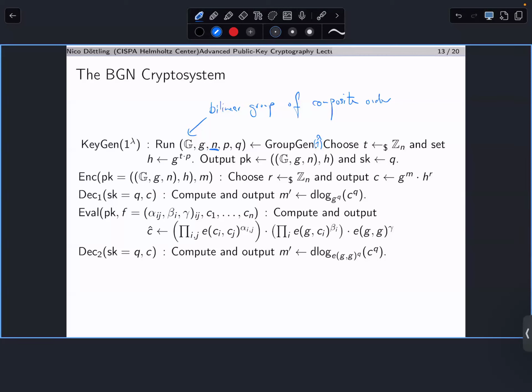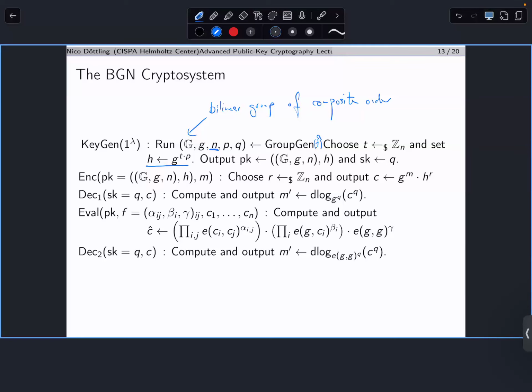So we choose a T from Zn uniformly at random and set H, which will be our public key, so to speak, as G to the T times P. Here, as we said earlier, when we raise something to the P, then this element is immediately in the subgroup of order Q, right?